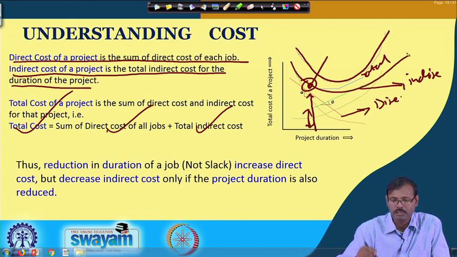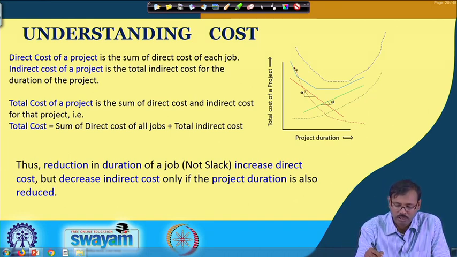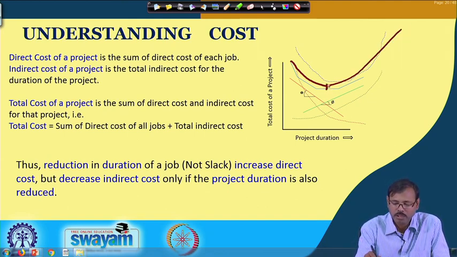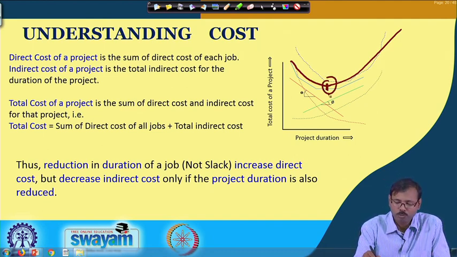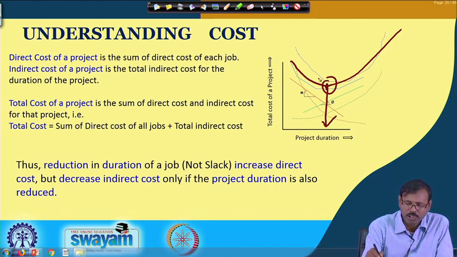If you see the trend of the total cost, it initially decreases with time, and after that it starts increasing again with time. That means there is a point which is optimum. This lowest point is considered the optimum operation time. So this total cost curve can be obtained from the direct cost curve and the indirect cost curve.